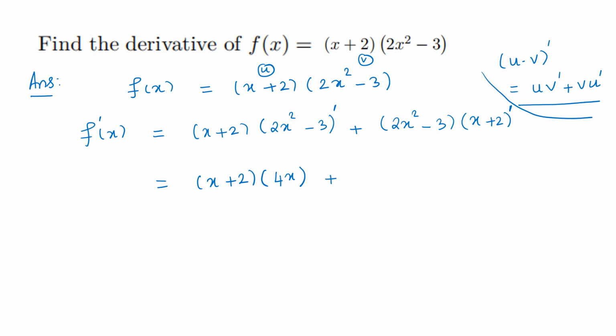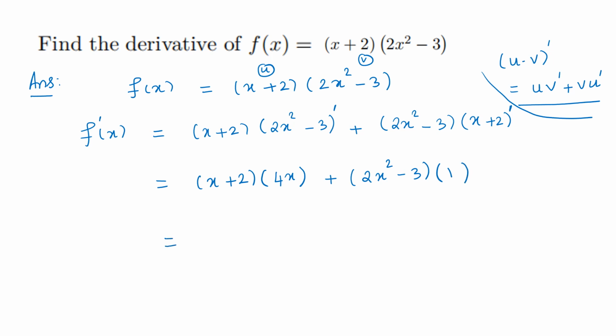Now the second term: first expression is 2x squared minus 3, then the derivative of this second term x plus 2. The derivative of x, as I already told you, is 1, and 2 is a constant, derivative is 0, no need to write.